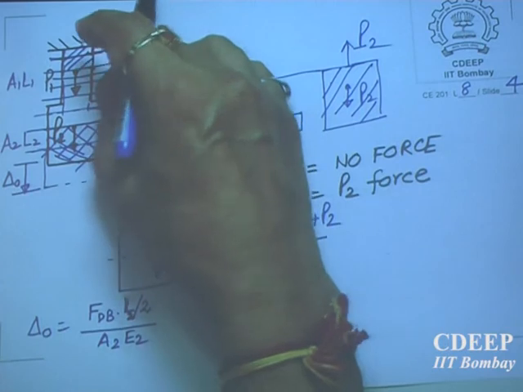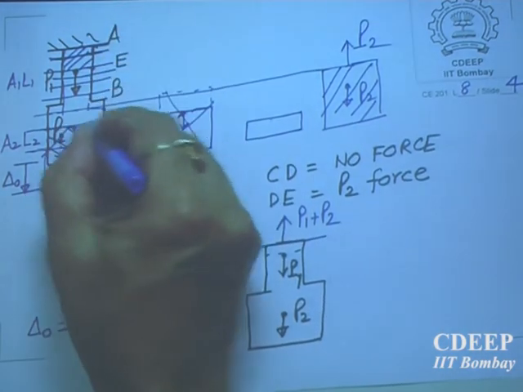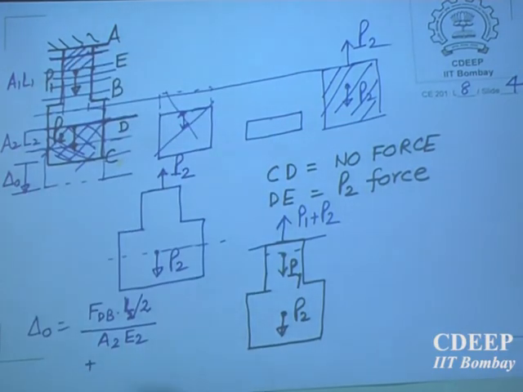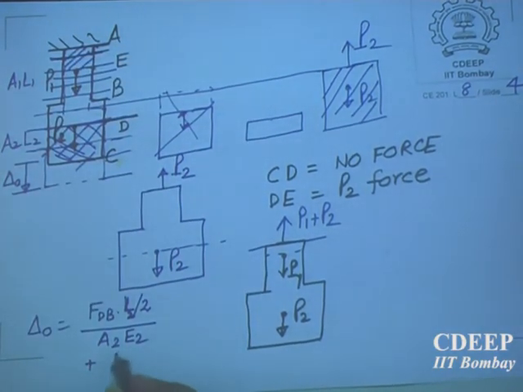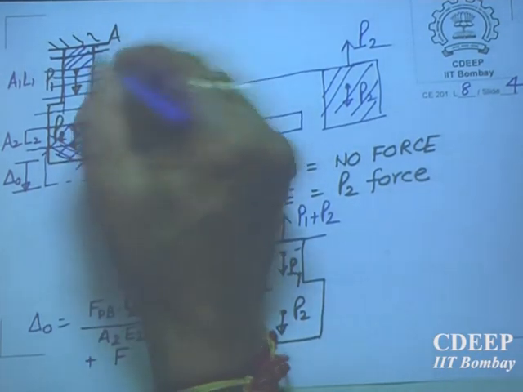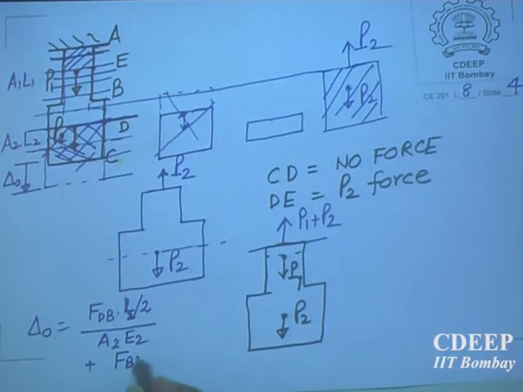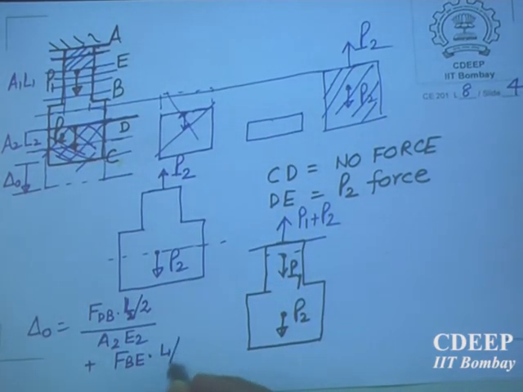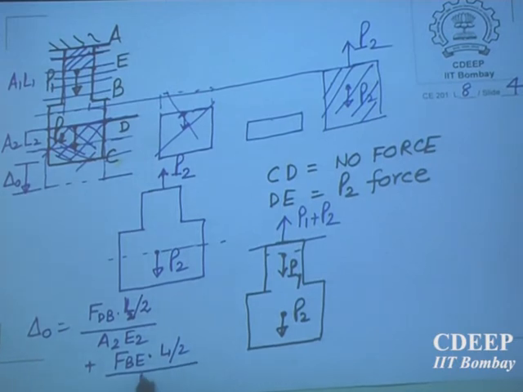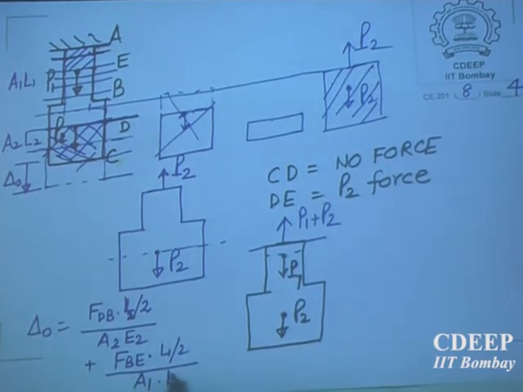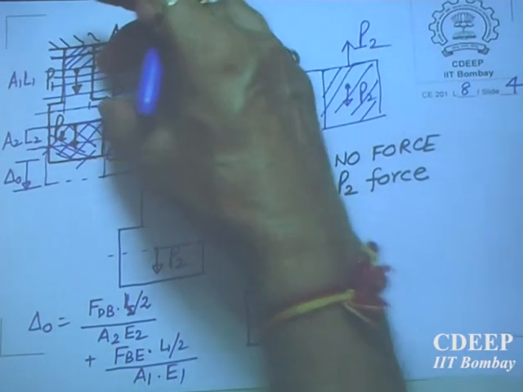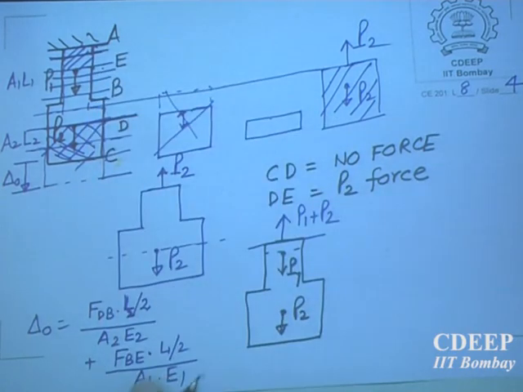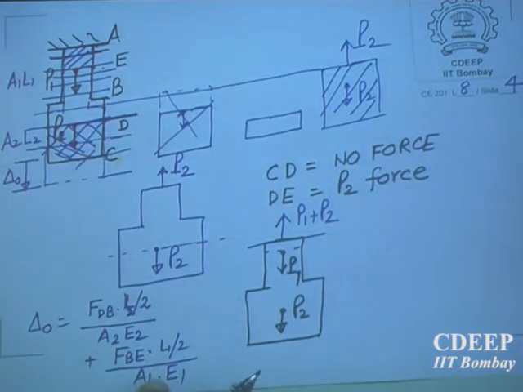So that gives me the displacement because of this, from here to here. Then from here to here, plus force in B to E into L1 by 2 divided by A1 into E1. So this covers this much. Because the cross section is changing, you must take differently. Because cross section is changing, we have taken it like this.